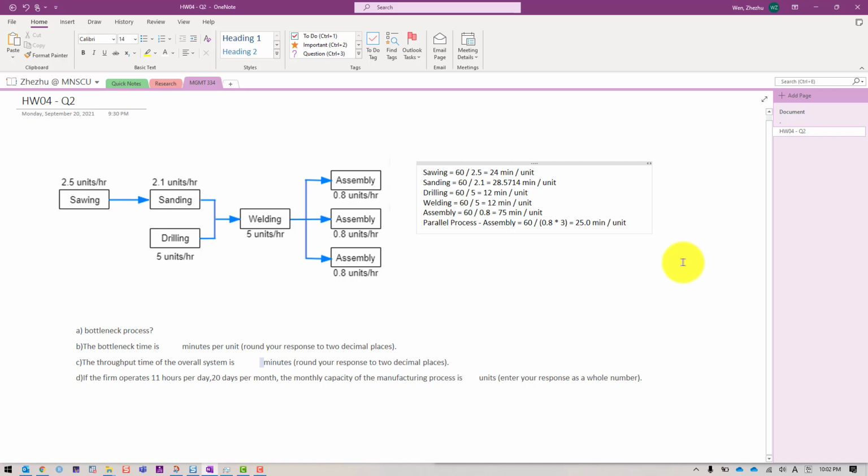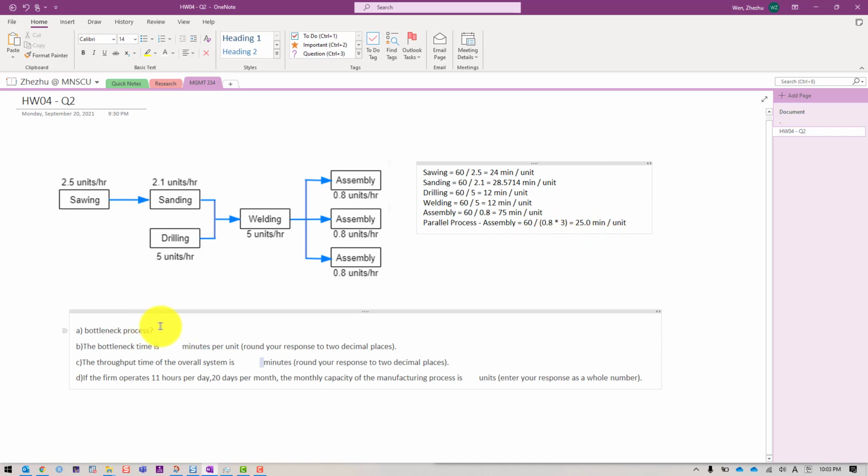I hope this last one makes sense to you. If you need to think a little bit, please pause and think why this is 25 minutes per unit. It's because in this parallel process, we have 3 parallel processes that do the same job at the same time together. In every 75 minutes, we're creating 3 units. That's why we're seeing 25 minutes per unit.